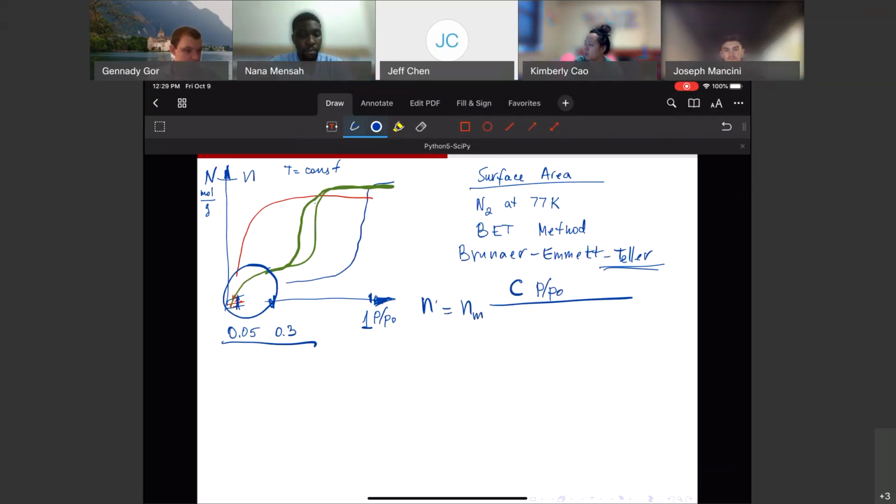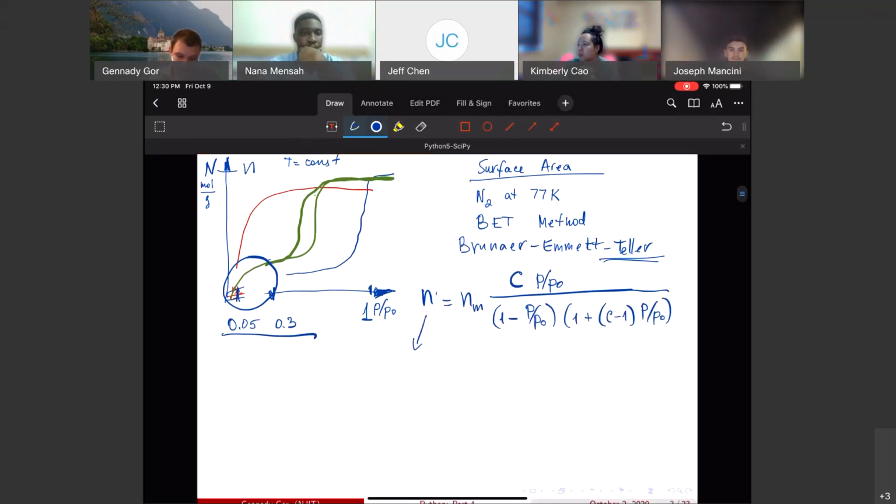Times P over P naught, divided by 1 minus P over P naught, times 1 plus C minus 1 times P over P naught. So this is a very simple two-parametric equation, which is called the BET equation.